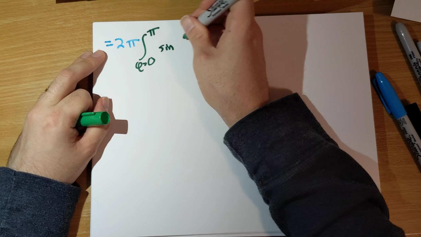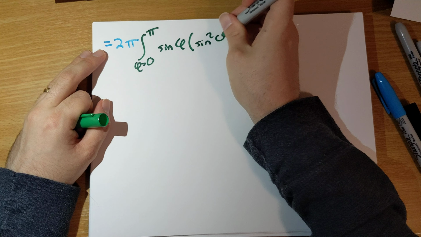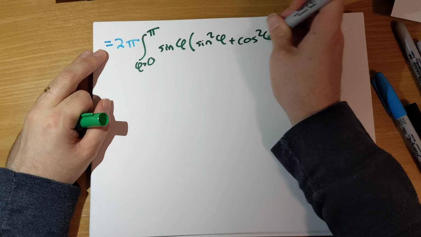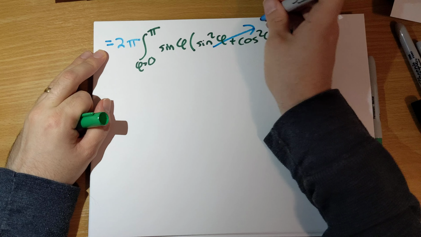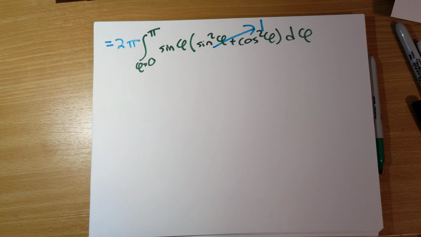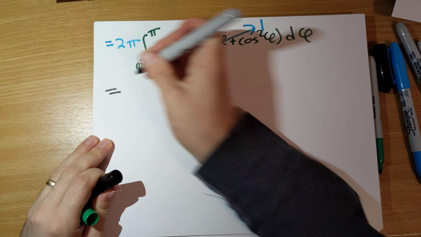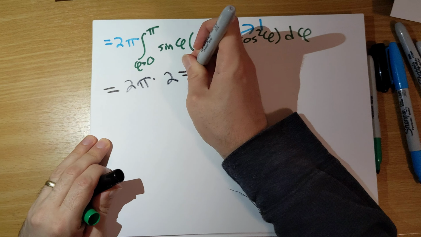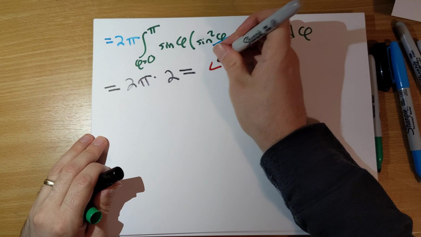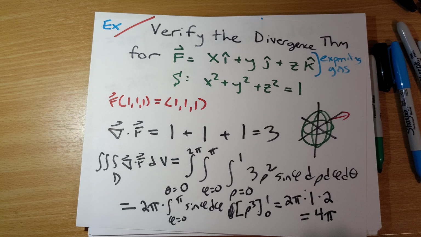So we end up with sine phi times sine squared phi plus cosine squared phi d phi. Hey, I think this is equal to 1. And so now we're just left to integrate sine phi from phi equals 0 to pi. So we have 2 pi times 2. And so sure enough, we get 4 pi, which matches what we had before.